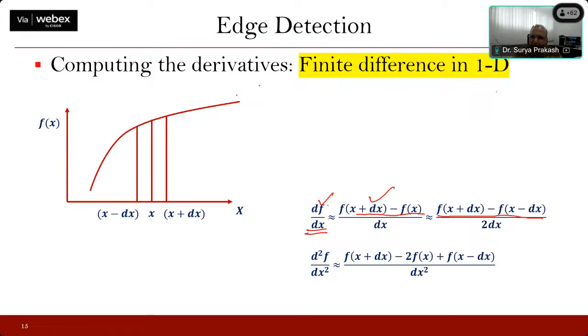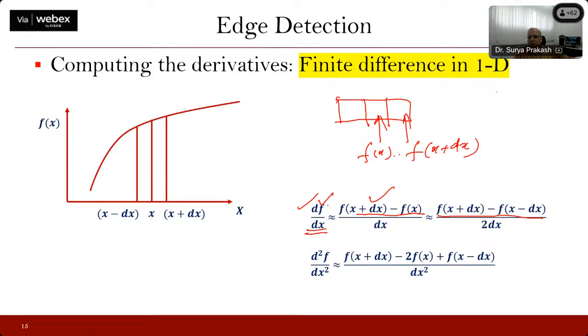So it's something like this: earlier, let's say you have an image like this. To compute the derivative, this is your f(x) and this is your f(x+dx), right? To compute the change, you subtract f(x) from this and then divide by dx.